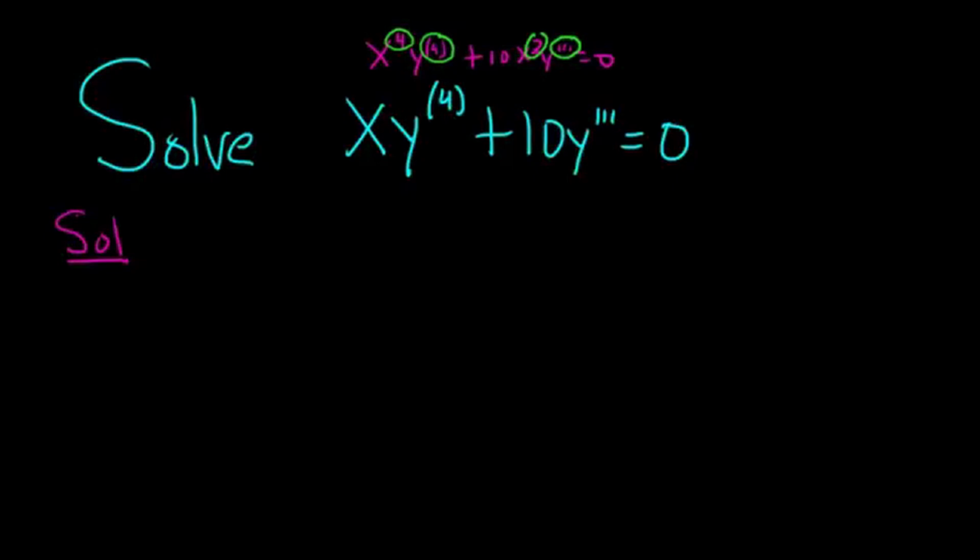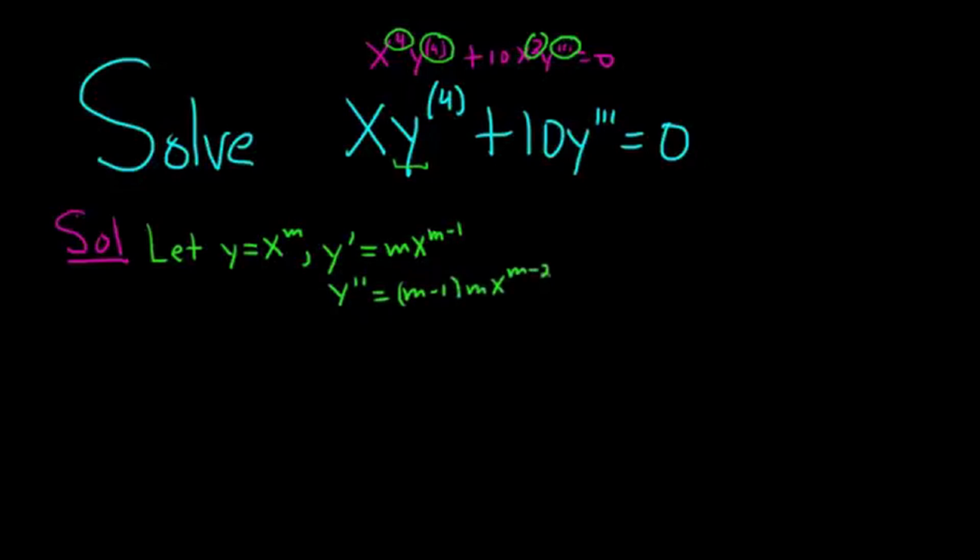So whenever we're doing one of these, we always start by letting y be equal to x to the m. We have a 4th derivative here, so we have to take the derivative 4 times. Using the power rule, we bring down the m, and then we subtract 1, so we get x to the m minus 1. We do it again, and we get m minus 1 times m, and subtracting 1 again is x to the m minus 2.